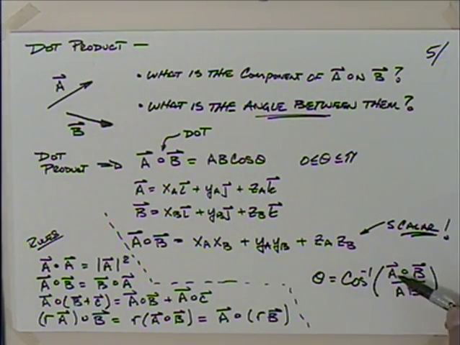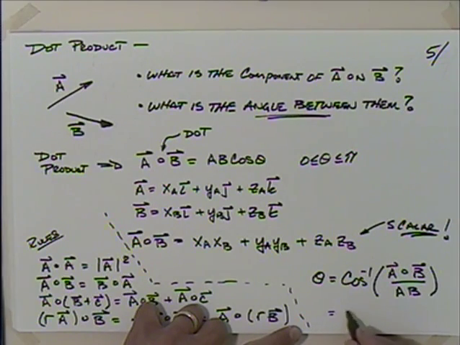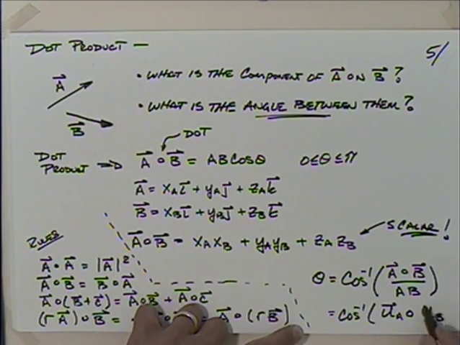What is vector A divided by its magnitude? That would be the unit vector for A, wouldn't it? So sometimes there's an advantage here: it's the arc cosine of the unit vector for A dotted with the unit vector for B.